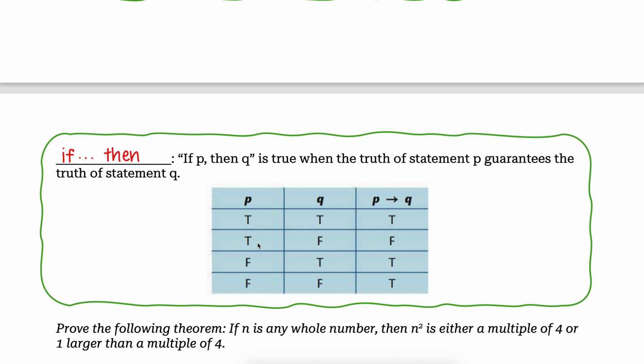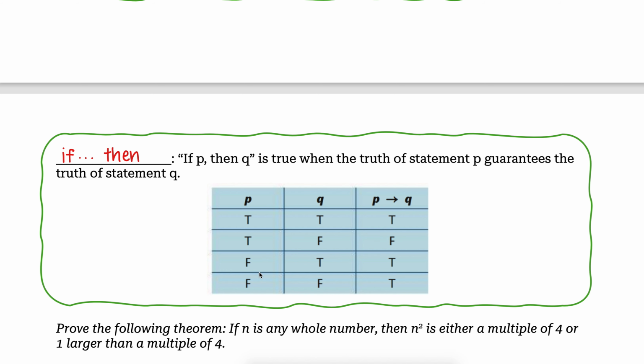The first 2 rows, not so much. If P is true and Q is true, "if P, then Q" is also true. Fine. P is true, Q is false. "If P, then Q" is false. That should make sense to most people. The last 2 sometimes throw people for a loop.